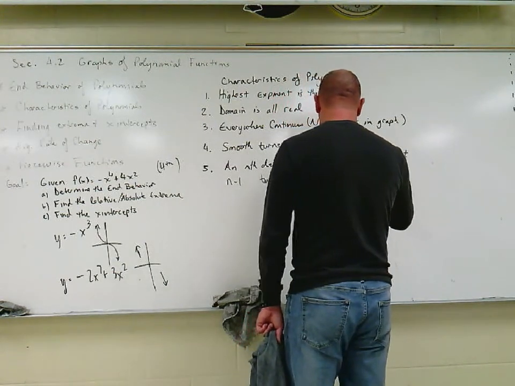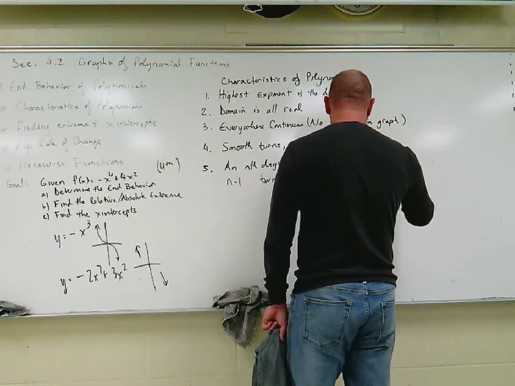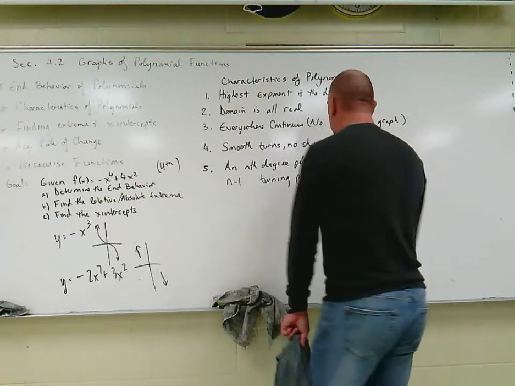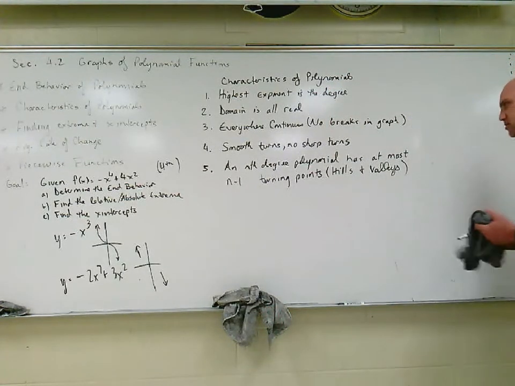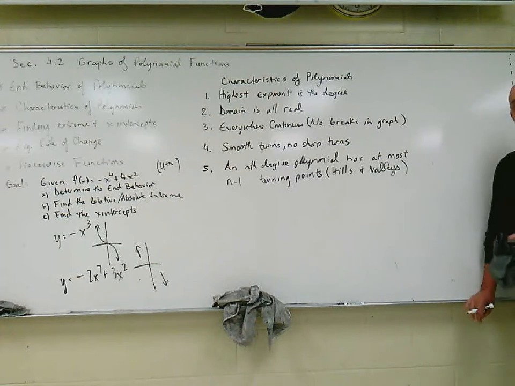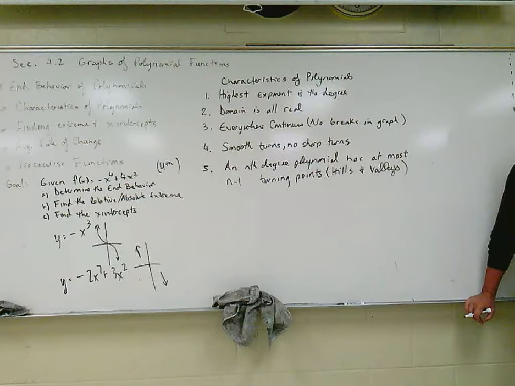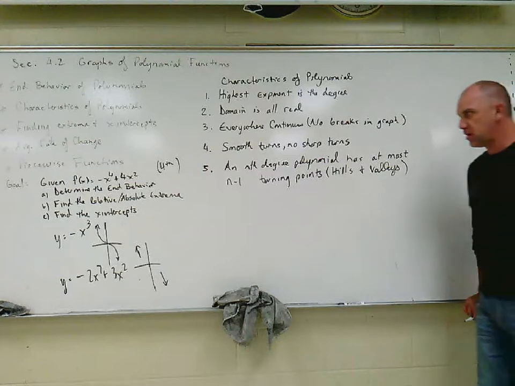So we'll look at what I'm talking about in just a second. Let's fill in the number. Let's say it's a 3rd degree. A 3rd degree polynomial will have at most 2 turning points, and we'll show you that with the calculator in just a second. We'll look at part 5.